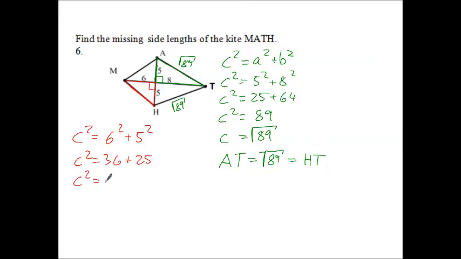And that happens to be 61. So c is equal to the square root of 61. Square root of 61 can't be simplified either. So segments MH as well as segment MA are equal to the square root of 61.